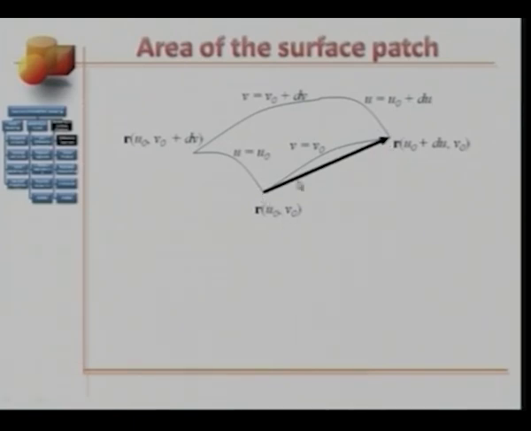This vector here is given by r sub u times du. R sub u is partial r over partial u. This vector here is given by r sub v times dv. Notice that this patch is very small in size. It's infinitesimal in size. So Taylor series expansion is allowed.